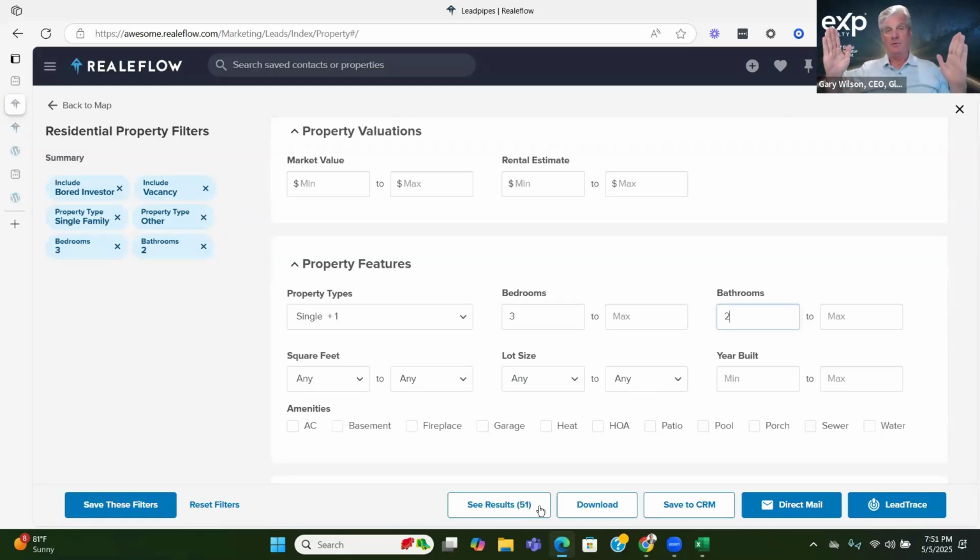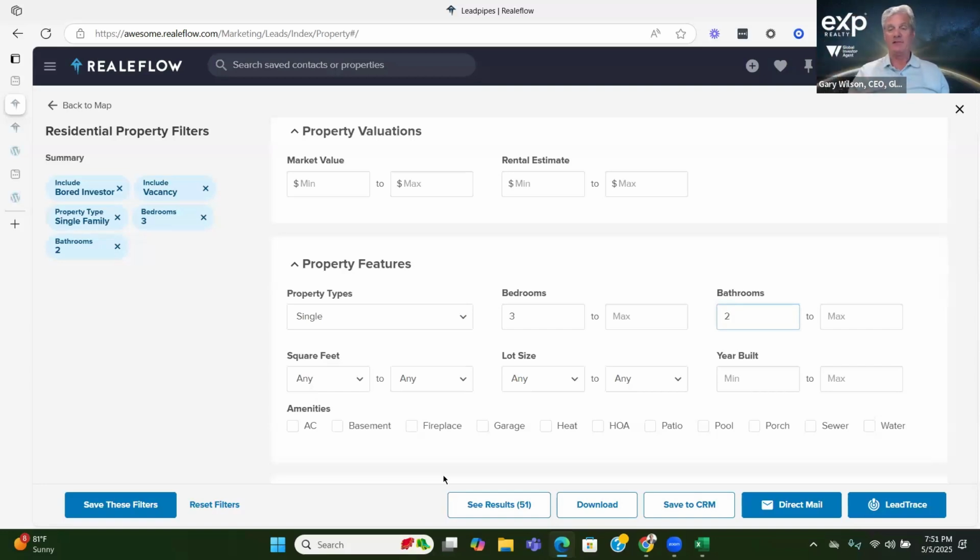Remember I said I want to get it to between 20 and 50. I would probably stop at 51 because that's a great number. And I've got 51 3-bedroom, 2-bathroom, single family homes. Oh, let me get rid of other property types. Sorry, I missed that. Okay, yeah, it's still going to be 51.